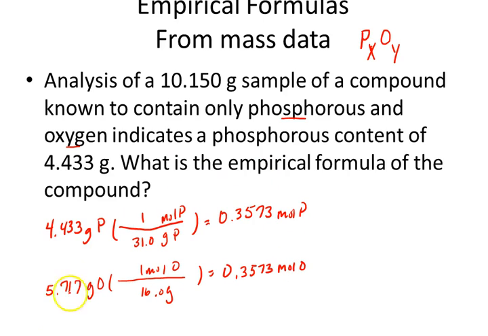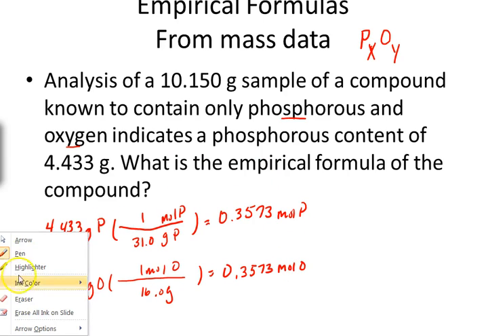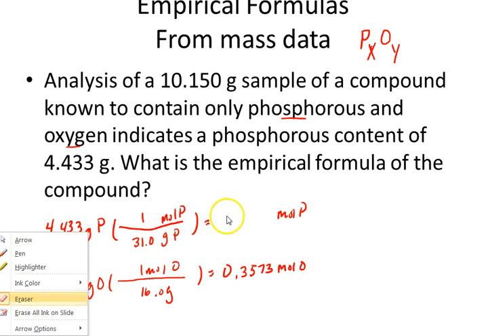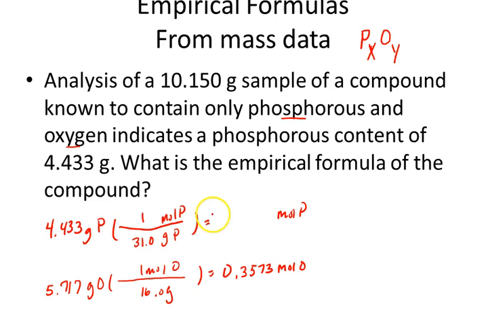And this is incorrect. I actually wrote down oxygen's number here. This is 0.1430 moles of phosphorus.